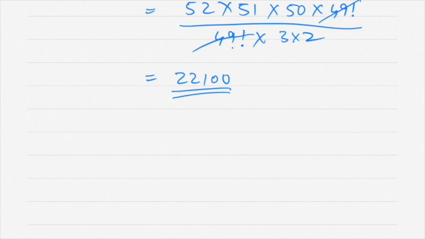Okay, let's see the first part. 3 cards drawn contains 2 kings and 1 ace. Okay, so your event is that you are selecting 2 kings and 1 ace. Okay, so I'll just write the first part.